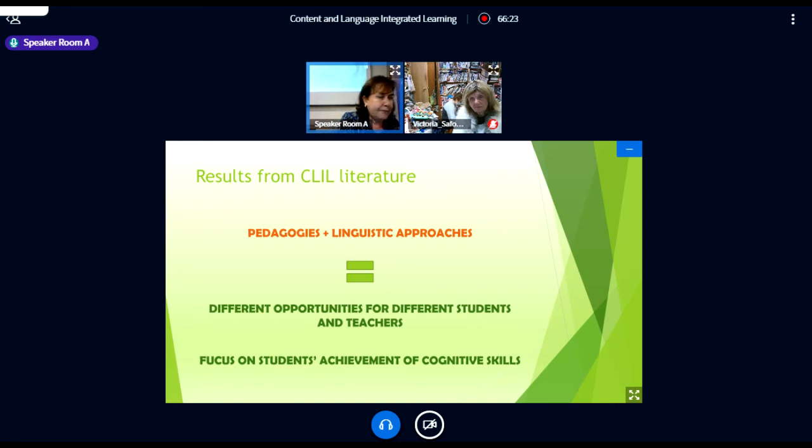But we have to say that this merging of pedagogies and linguistic approaches seems to offer other possibilities in very concrete terms.